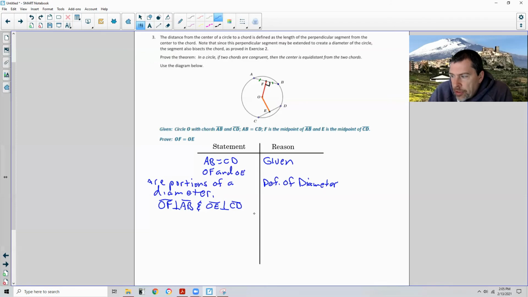And if the diameter of a circle bisects a chord, okay, then the diameter must be perpendicular to the chord.